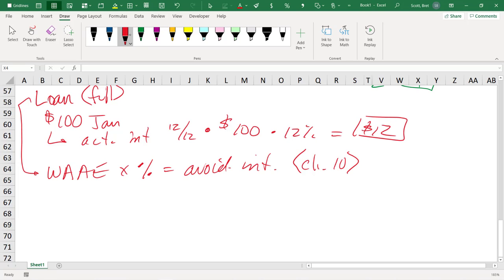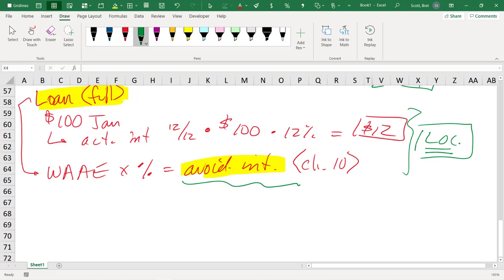Because if I do this correctly, the process of this full loan being converted into avoidable interest turns it, by magic, into a line of credit. We want to look at the full loan as if it were a line of credit. That's what avoidable interest does. It allows us to look at a full loan in the perspective of a line of credit.